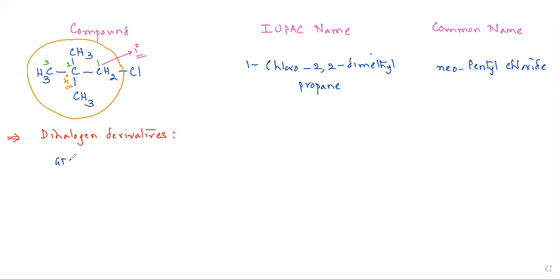See, the general formula of dihalogen derivatives is CnH2nX2, and the IUPAC name is dihaloalkane. Okay, let me take some examples. See this.